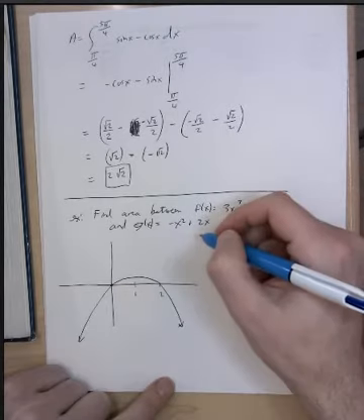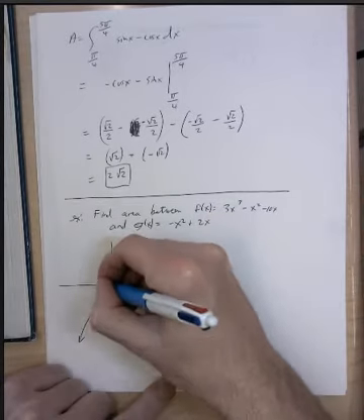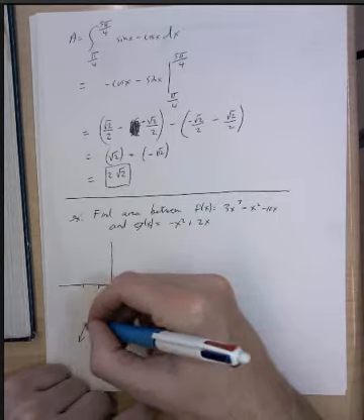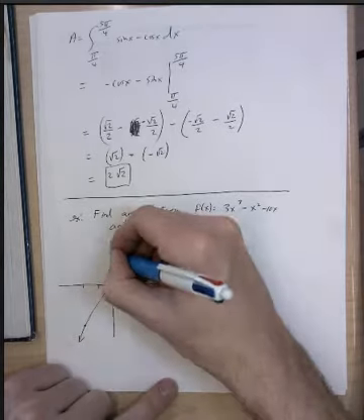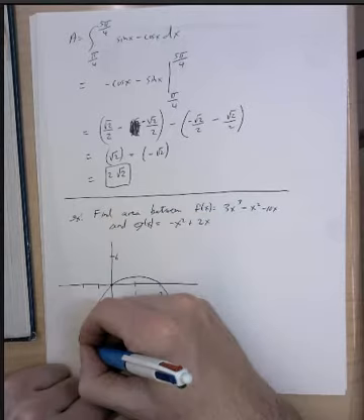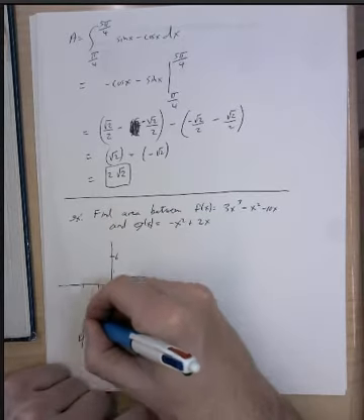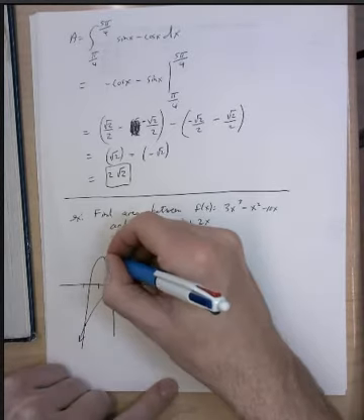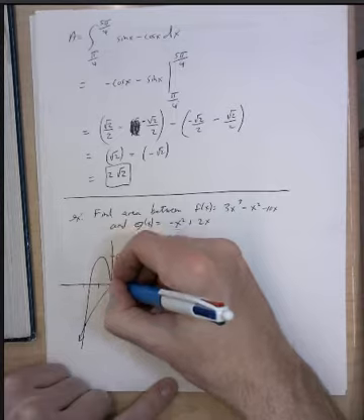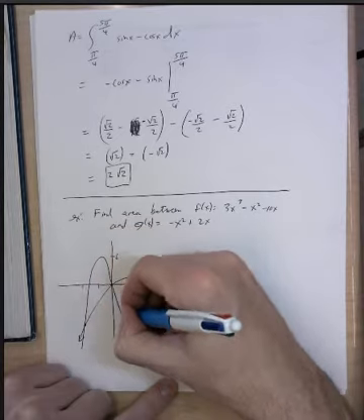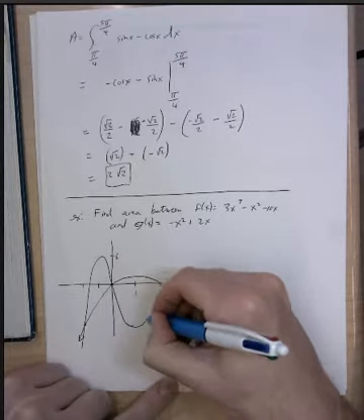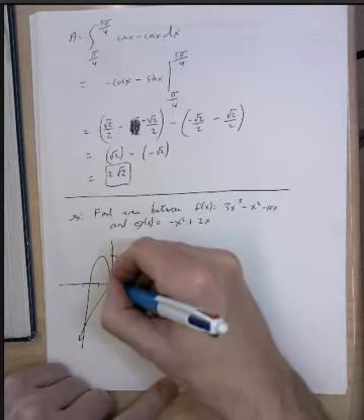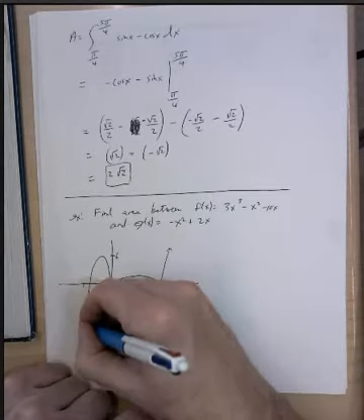And the cubic goes up to 6. Goes through the origin. Back up. It crosses the x-axis at 2. So as you can see, we have 3 points of intersection.